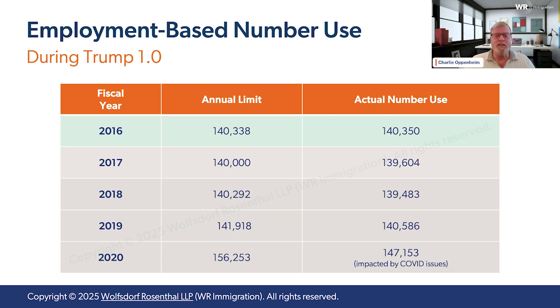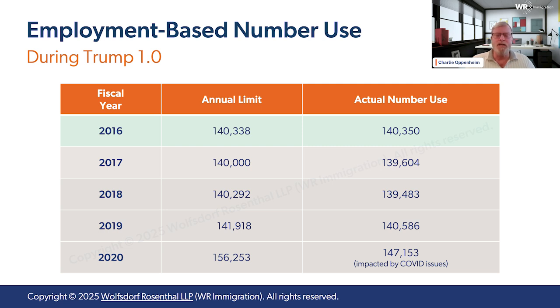But as I said, you can see that there was really no impact at all on the number use, with the exception of 2020, when there was a slight reduction, but that was entirely due to the fact that number use from March through September of 2020 was reduced because of the COVID impact, which basically shut down everything.